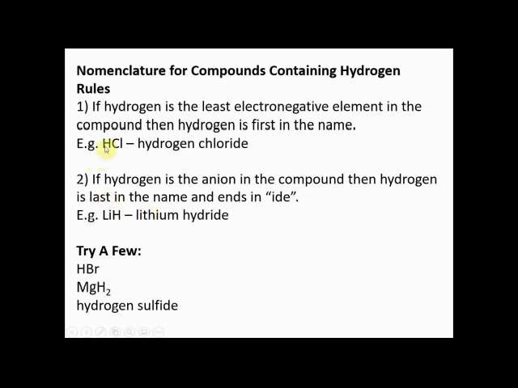When hydrogen has the lower electronegativity, as it does with chlorine, then it comes first, takes the form of the cation, and it becomes hydrogen chloride. If it has a higher electronegativity, like it does when it's with lithium, then it becomes the anion, and we get lithium hydride. Right? So trying these few, HBr then, it's hydrogen bromide.